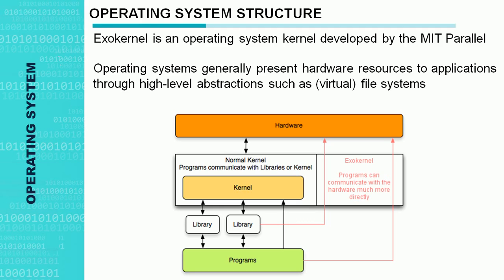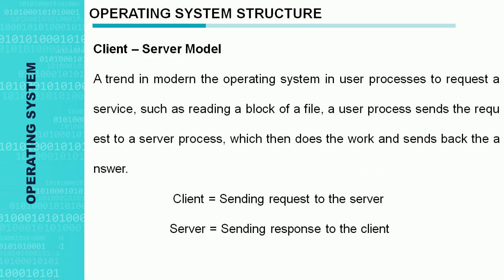In this diagram, there are a lot of libraries, and without kernel representation, we interact directly with the hardware to execute the program. The program can communicate with the hardware much more directly. So these are some advantages of the exokernel in the operating system.